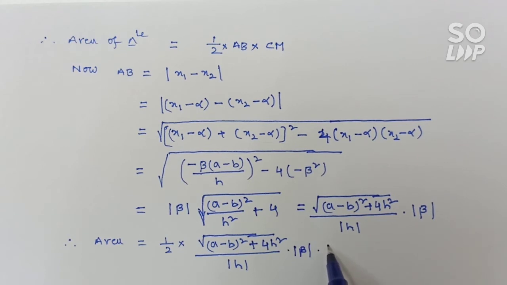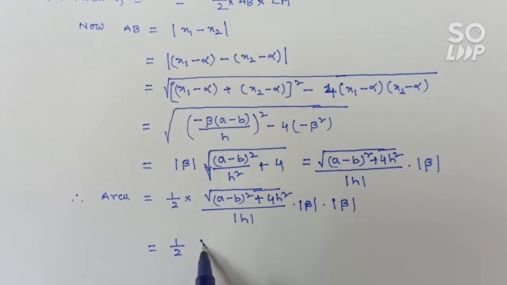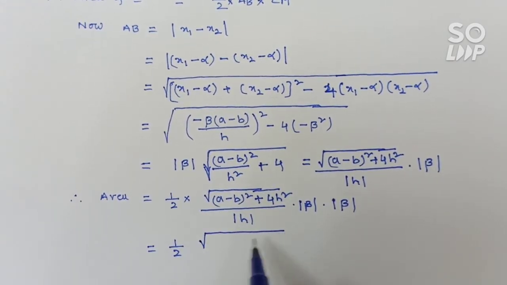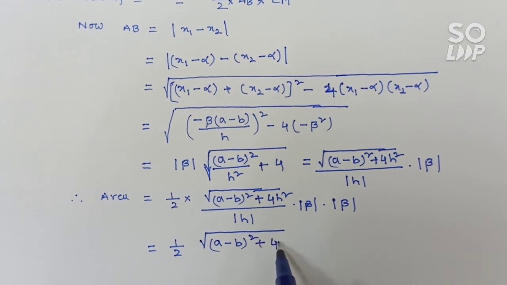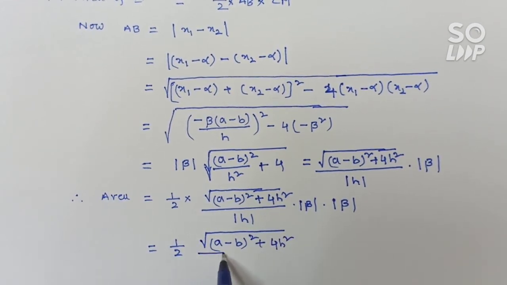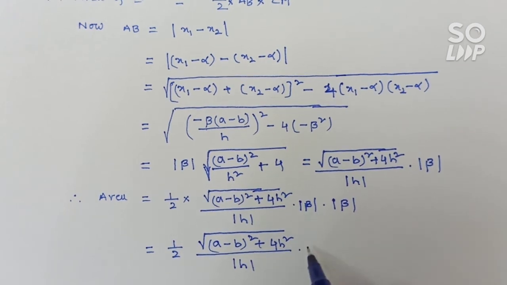Height is nothing but modulus of beta. So this one we can write that 1 by 2 into square root of (a minus b) whole square plus 4 into h square by modulus of h into modulus of beta whole square. That value is nothing but beta square.